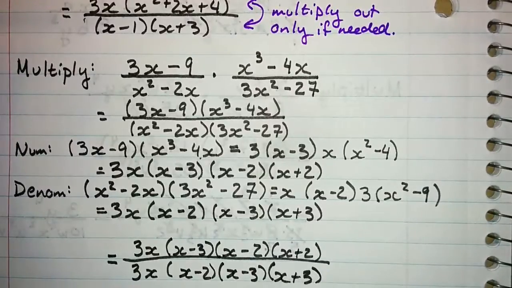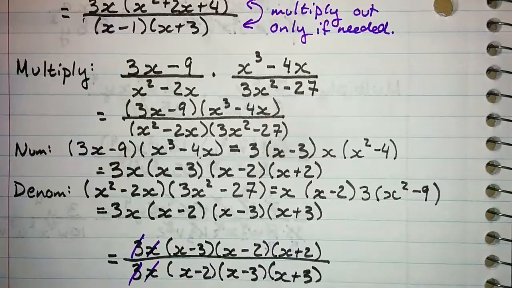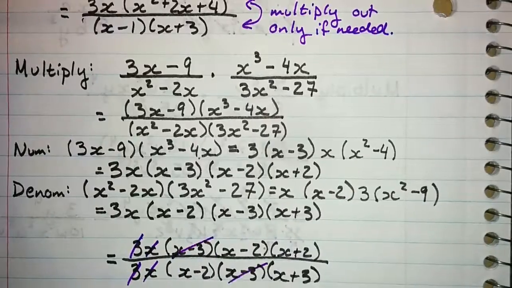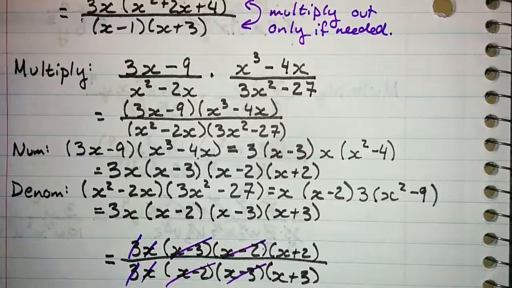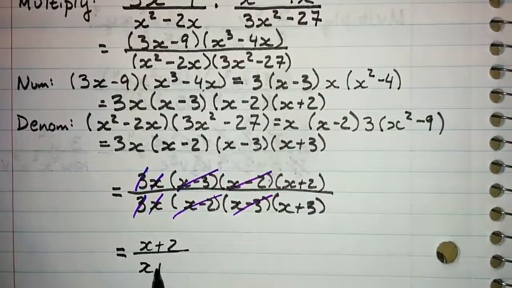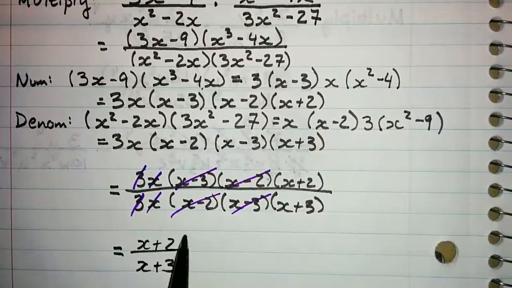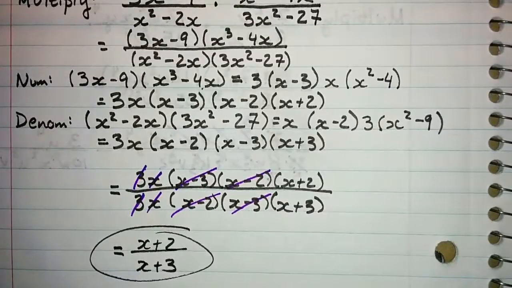What common factors do I see? Well, I see a 3 and an x. I see an x minus 3 and I see an x minus 2. Huh. All that's left then is x plus 2 over x plus 3, which is clearly simplified as much as possible and is my answer.